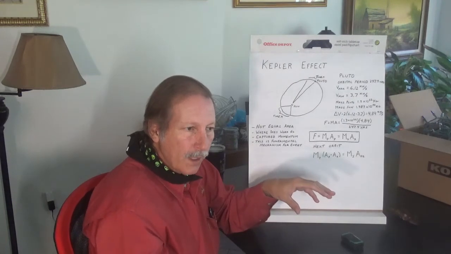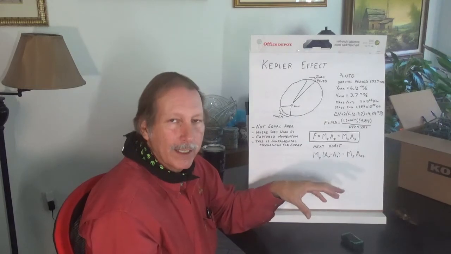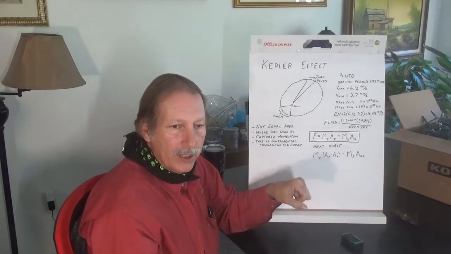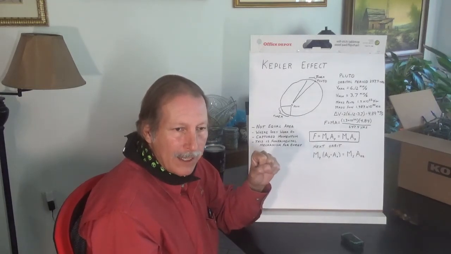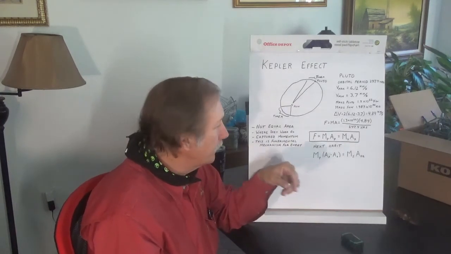And the new velocity vector for the sun has to accommodate that energy and mass that has been brought into an elliptical orbit of the sun.